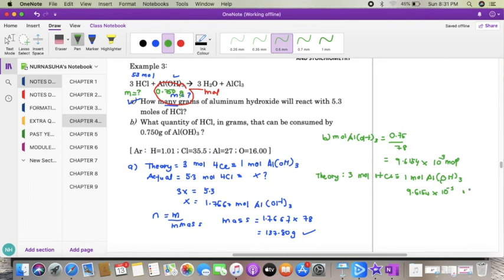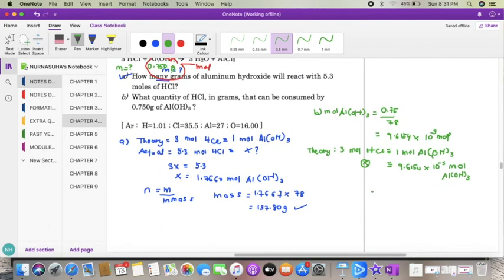Sorry, my pen doesn't work. Mol of aluminium hydroxide, ini je yang awak ada. So, awak kena cari berapa banyak mol of HCl. So, letaklah X macam biasalah. X ni dia boleh berada dekat kanan, dia boleh berada dekat kiri, bergantung pada position lah.